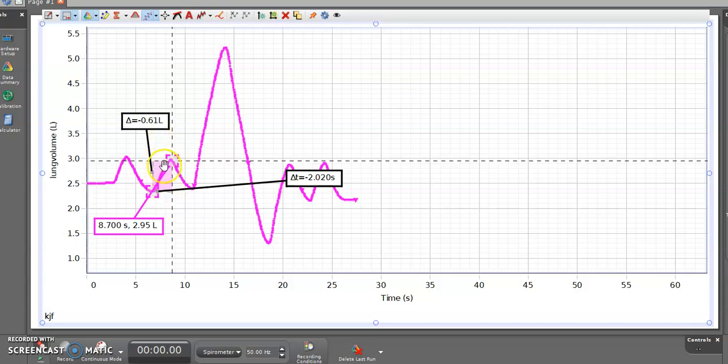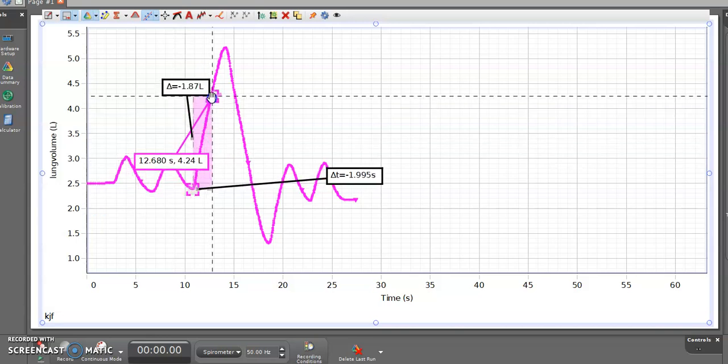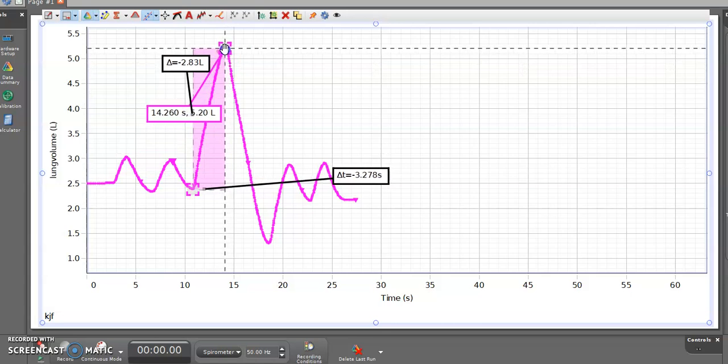So we've got our tidal volume, that's our first arrow. Our second arrow is going to be from the bottom of this peak where we start taking in our breath to the very top. And that's going to be our inspiratory capacity, from when we've breathed out as much as we can to breathing in as much as we can. All right, and that's going to tell me it's 2.83 in this example.